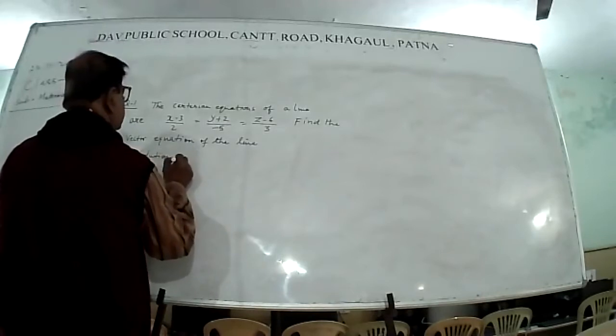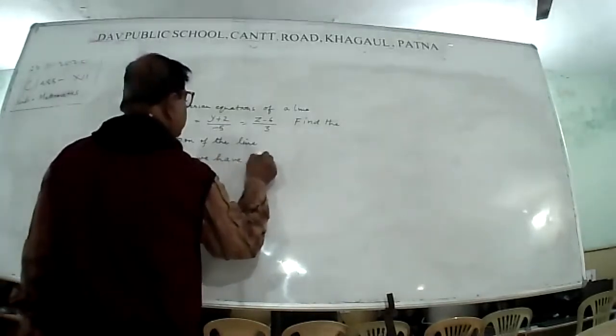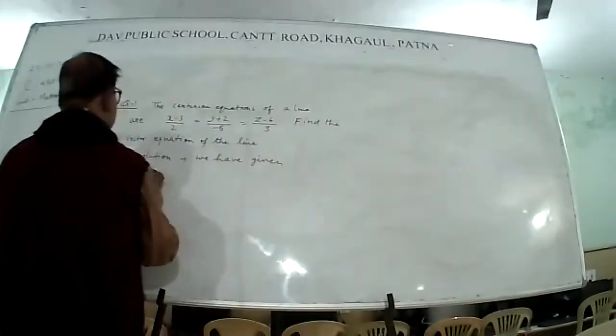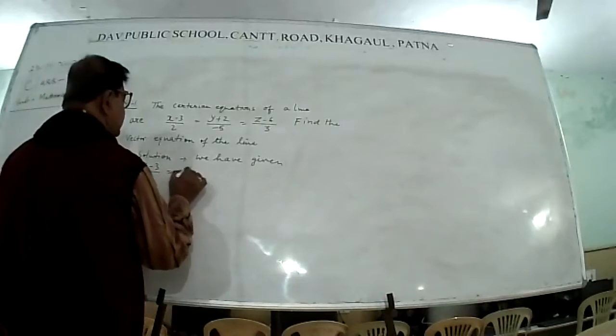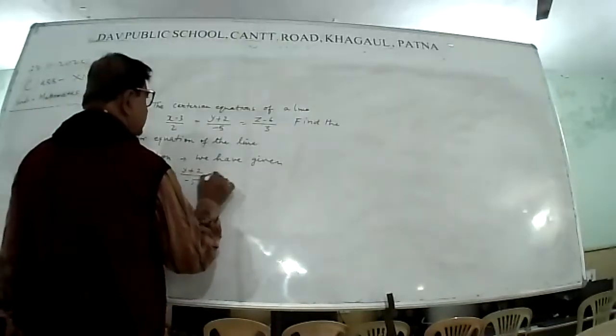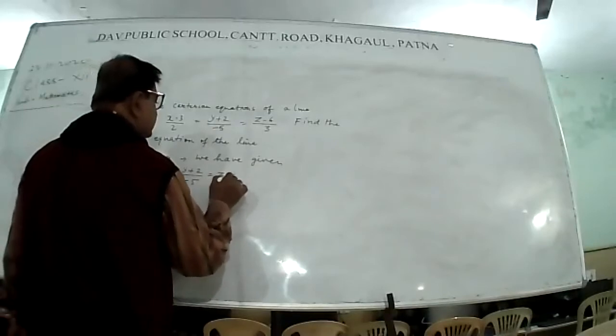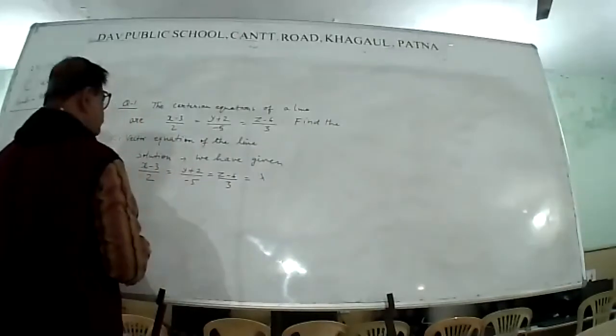Solution: we have given (x minus 3)/2 = (y plus 2)/(minus 5) = (z minus 6)/3 = lambda.